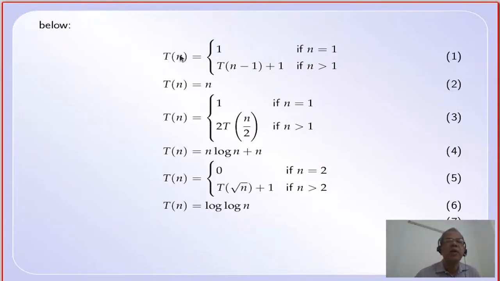For example, if we denote T of n as the running time of an algorithm which takes an input of size n, and suppose in the recursive call the input size is n minus 1, and the algorithm itself does a constant amount of work, then we say T of n is equal to T of n minus 1 plus 1. This is an example of a recurrence relation.